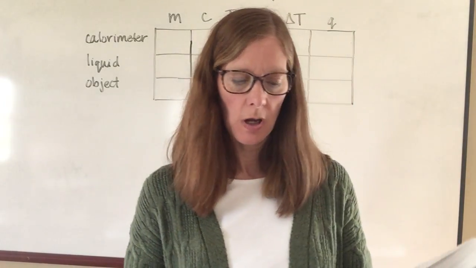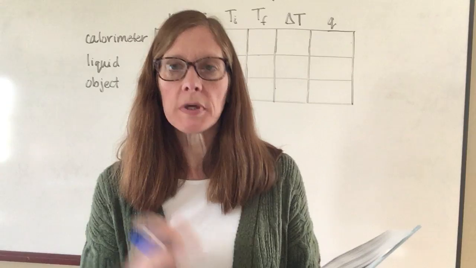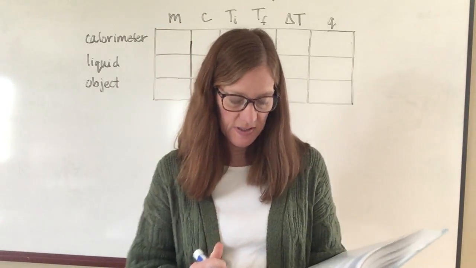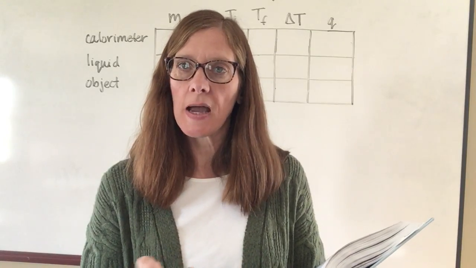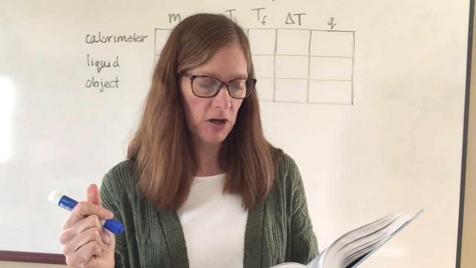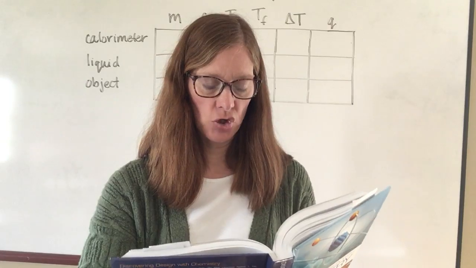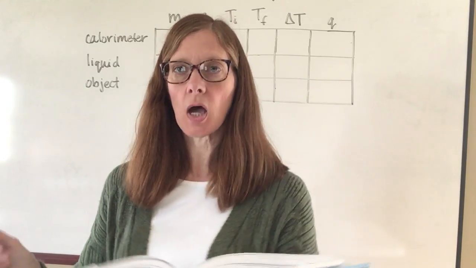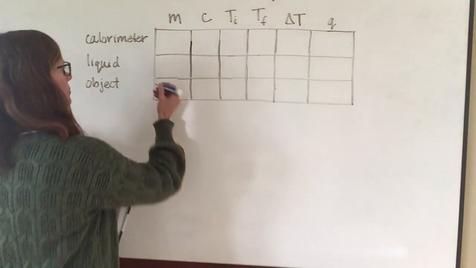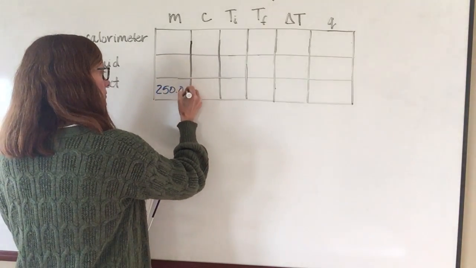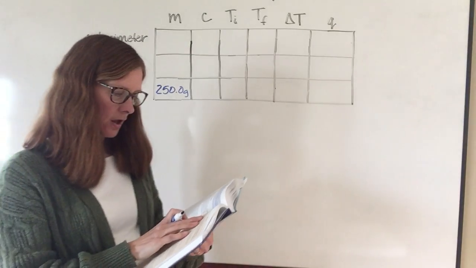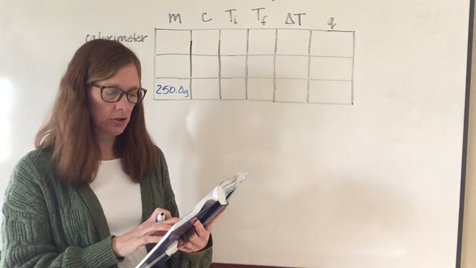All right, so in place of reading the whole problem, again, I'm assuming that you've already read this and gone through the example. So I'm going to go through it a step at a time and add the information into my chart. I have a 250 gram sample of an unknown metal. So that will be my mass, 250 grams. It is heated to 350 degrees Celsius.